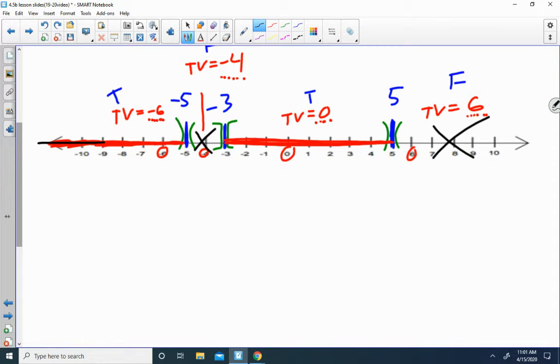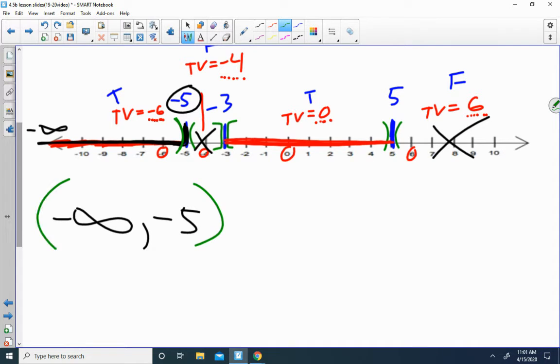The first interval, we shade from negative infinity all the way to negative 5. So negative infinity to negative 5, because that's where the border is. And what are the parentheses? At negative 5, we got open. And of course, negative infinity is always open. Now the second interval, looks like we're shading from the blue border of negative 3 all the way to the blue border of 5.